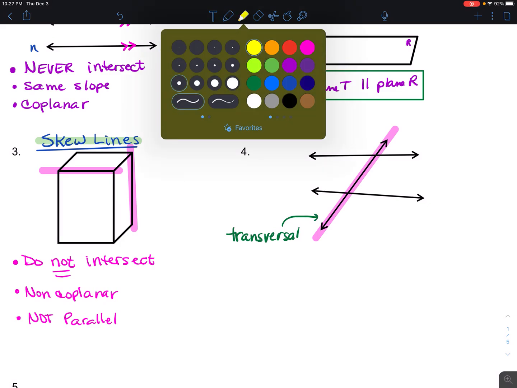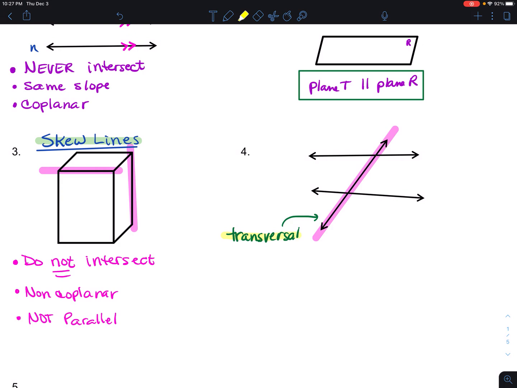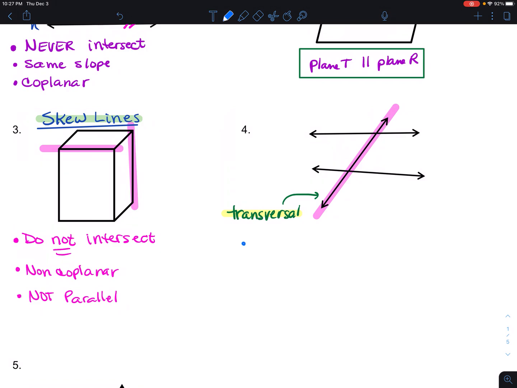Now, what is a transversal? Well, it's a line, obviously, but it's a line that intersects two or more coplanar lines.